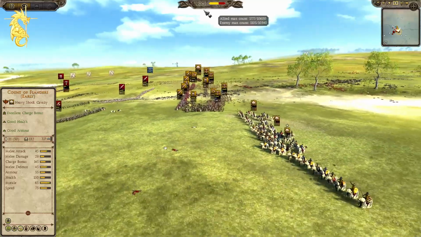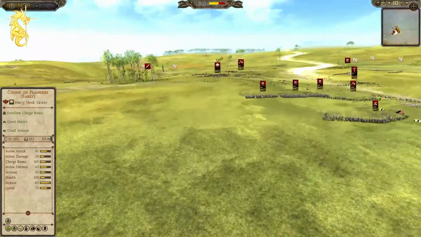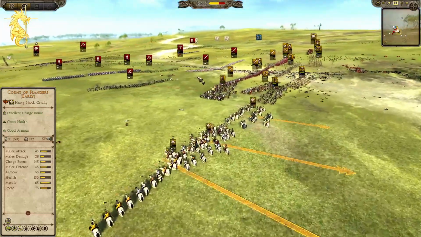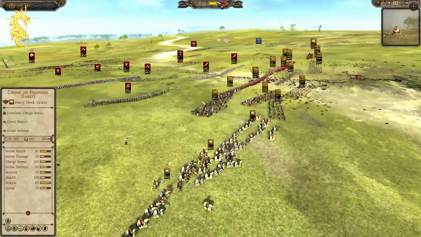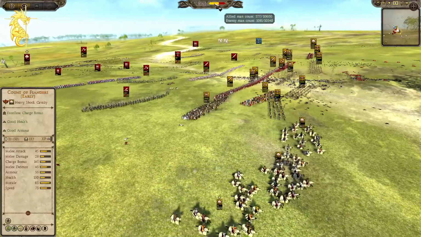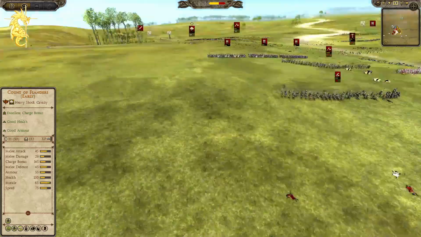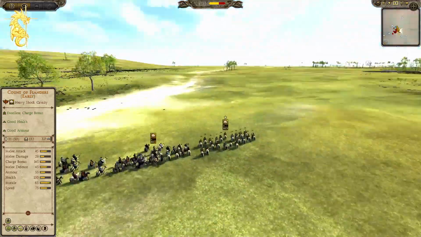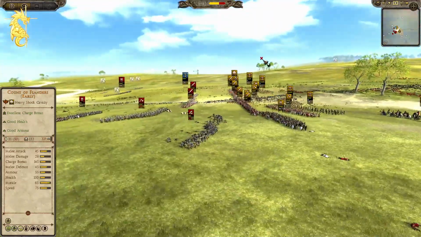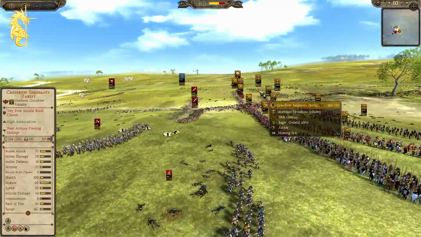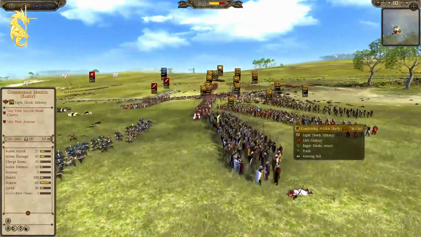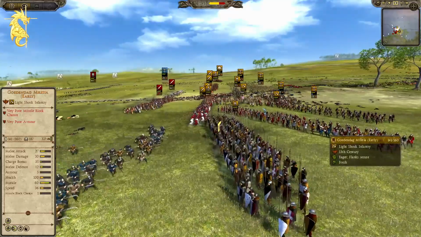Looks like he has about 600 men more. We're showing numbers dropping, but I'm not sure they're engaged. Maybe the archers were firing at something.